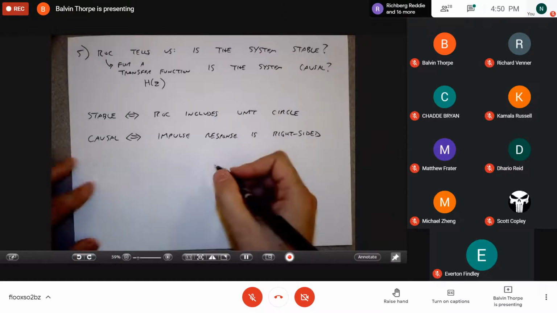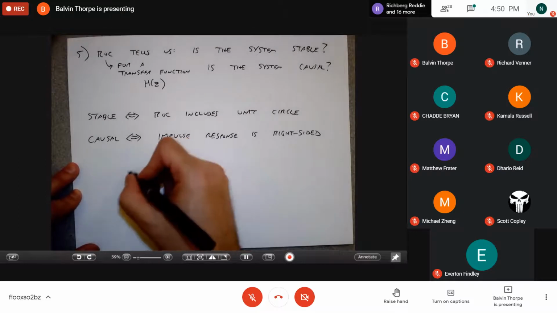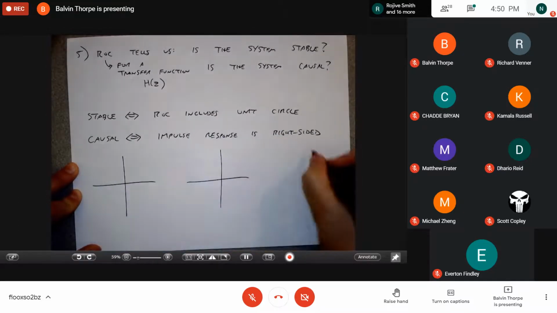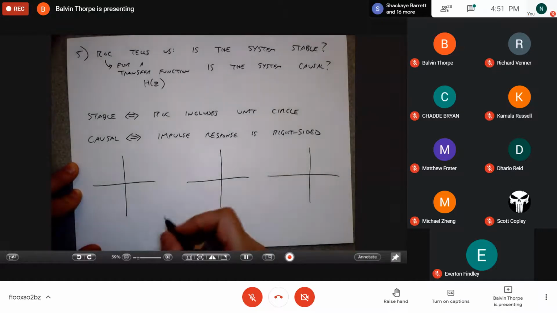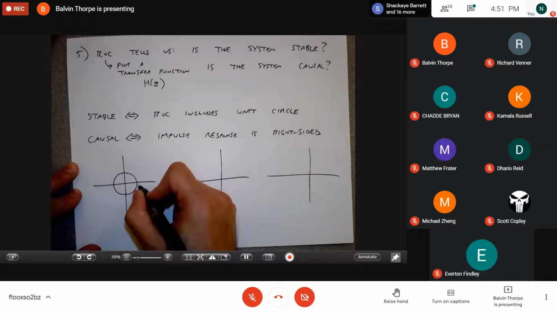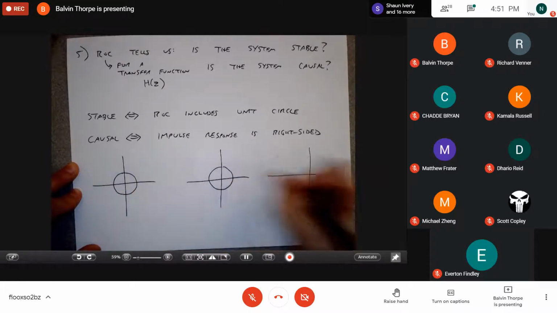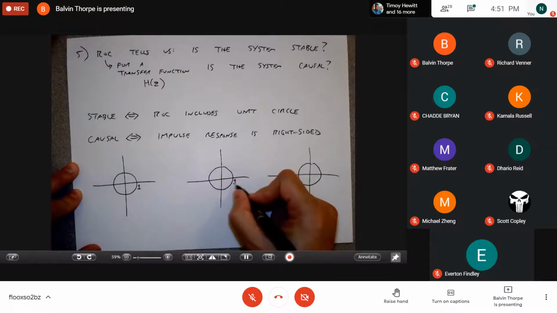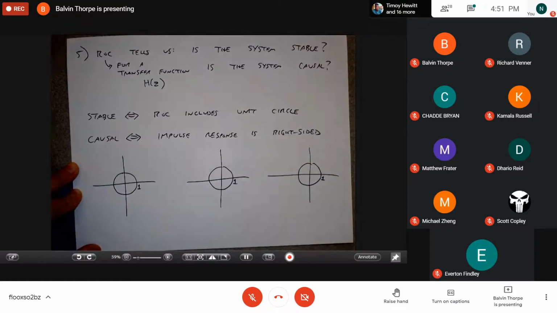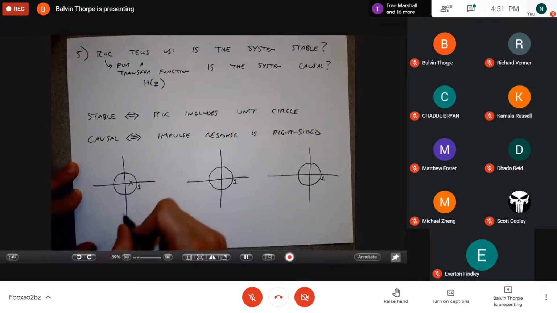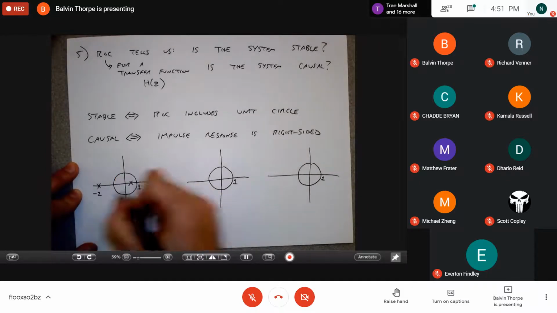And so that means that I can look at some possible ROCs and say, here's the unit circle in each case. Right, so these guys are the unit circle. And let's suppose I have poles at 1/2 and -2.